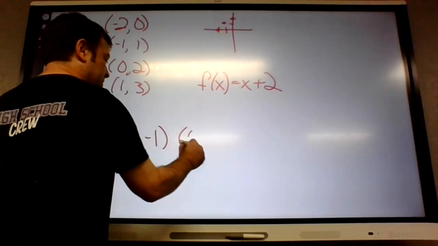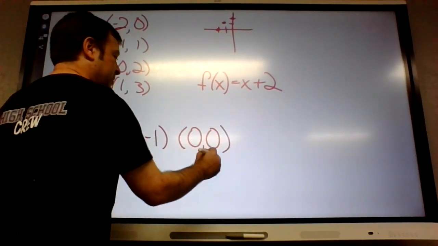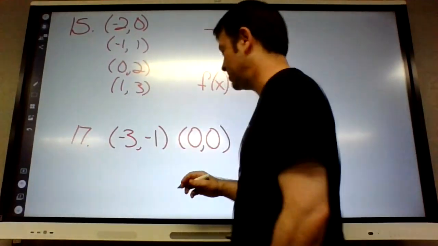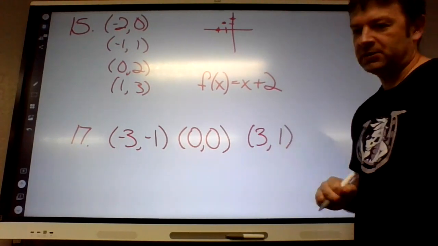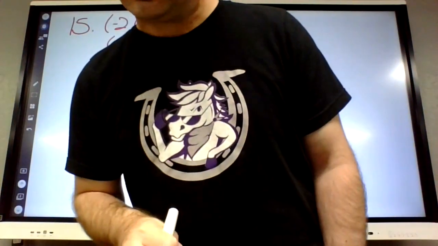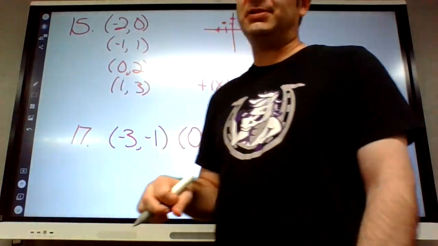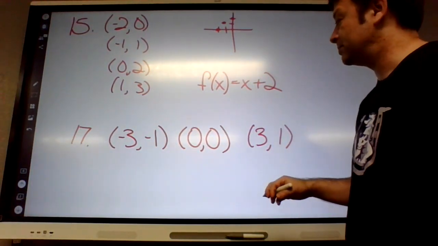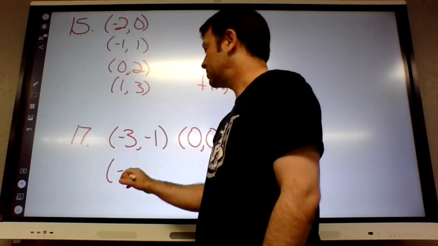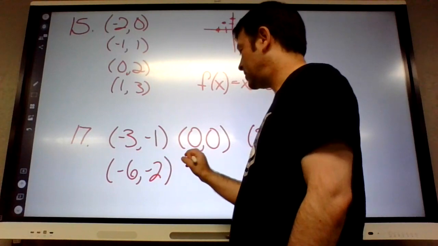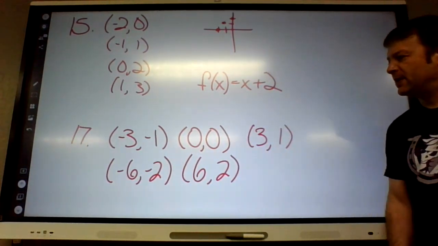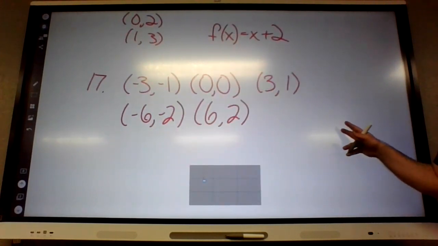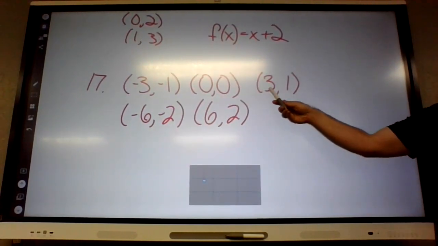Yeah, 0, 0. That might not be as helpful to figure out the relationship. And yeah, 3, 1 is another one. Actually, if you look at the very edge, it's like negative 6, negative 2. And at the very right edge, it's like 6, 2. Do you guys see the pattern?